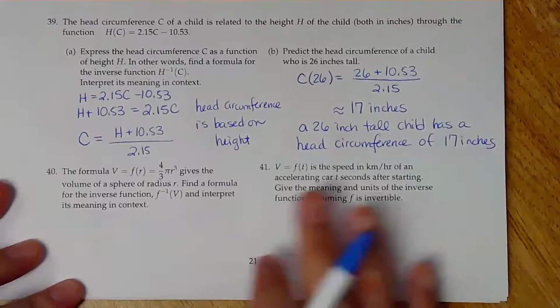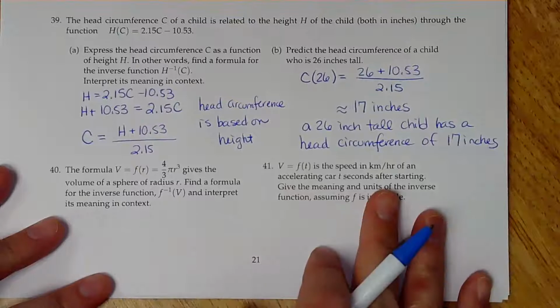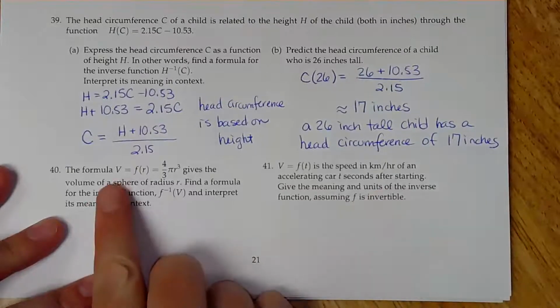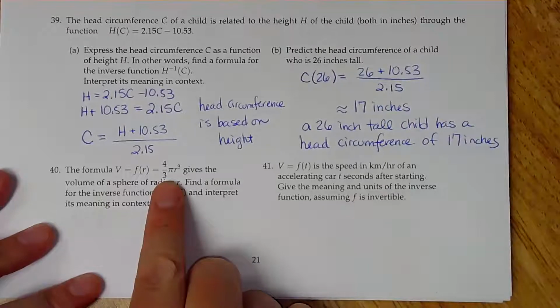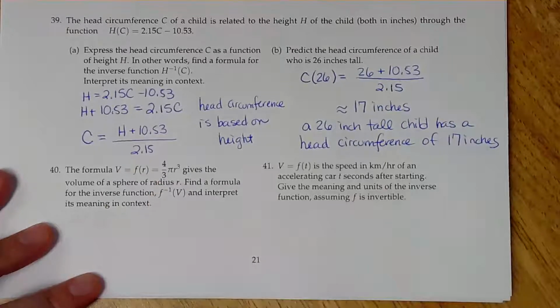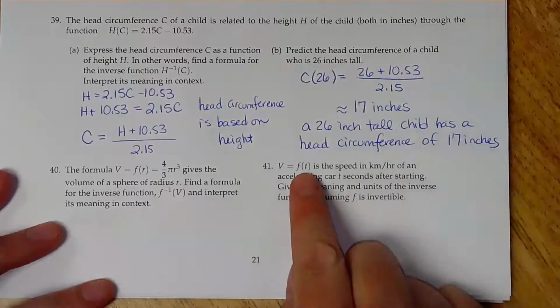All right, so 40 and 41, I want you to try these on your own, but let's talk about them really quick before you pause the video. Number 40 has the volume of a sphere, which is 4/3 pi r cubed. The first thing you're going to do is find that inverse function, which means you're going to solve for r, and then interpret it in the context of the problem. In 41, there's no formula for your function.